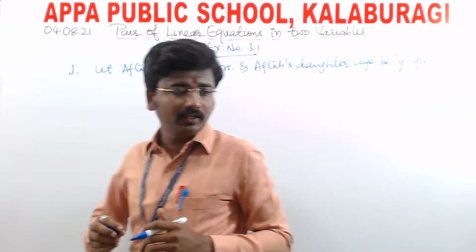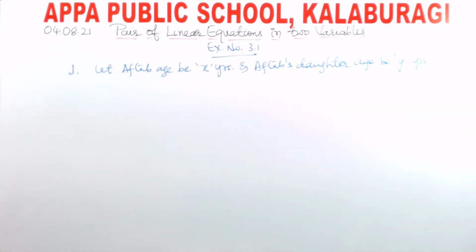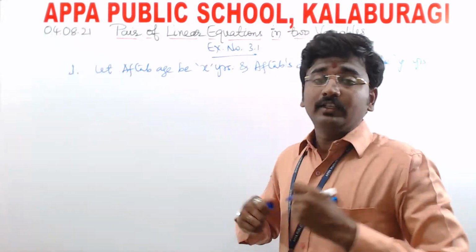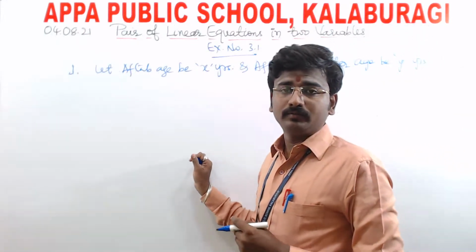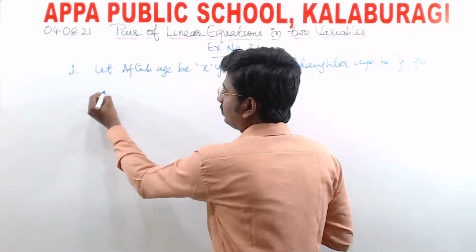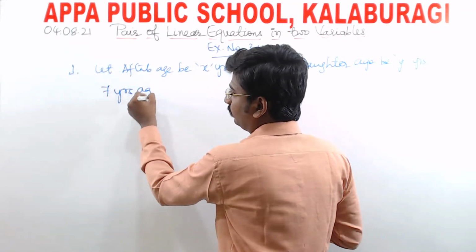So understood what I have taken first, everyone? What might be Aftab's age, Aftab and Aftab's daughter's age? 7 years ago means what I have to do? Okay, means before 7 years. So first here comes 7 years ago.